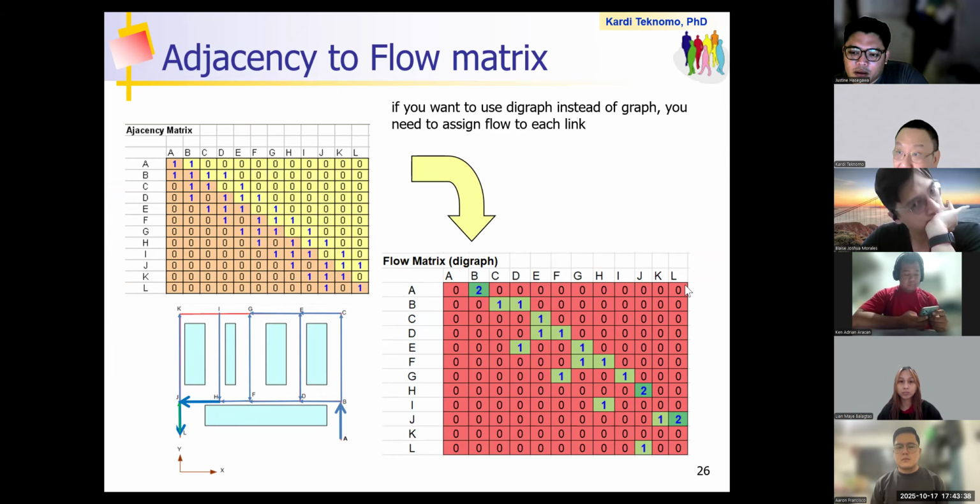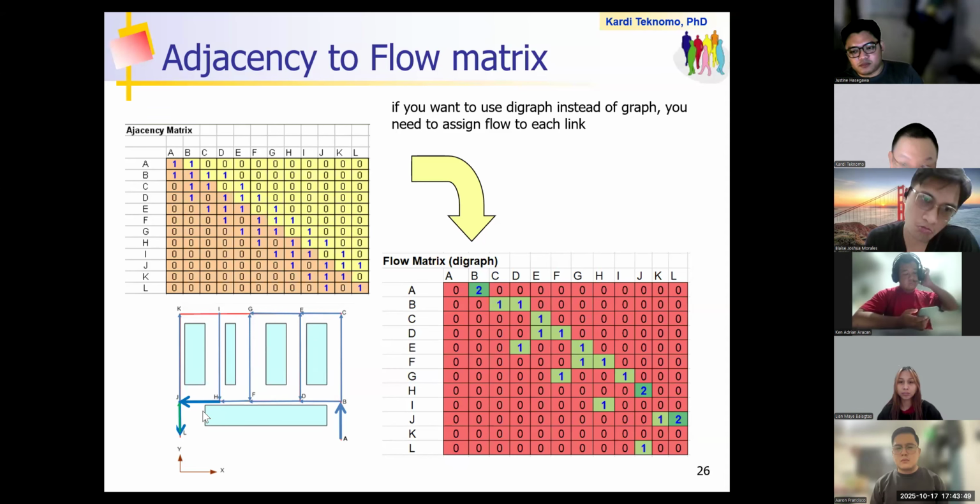So you get this flow pattern, right? And then you can draw with the thickness of the arrow here. Is it clear or not? Simple. So you get trajectory to flow. You see? Any question? Any question?